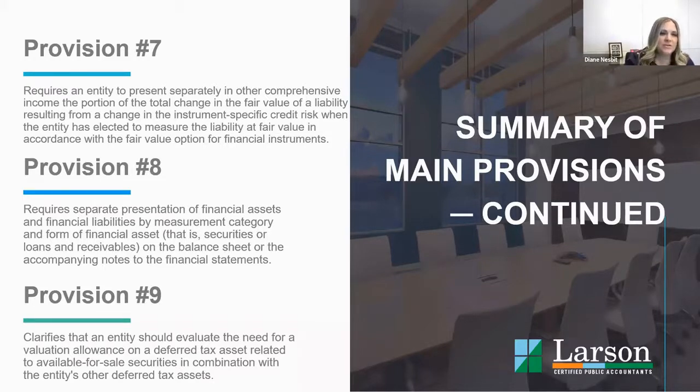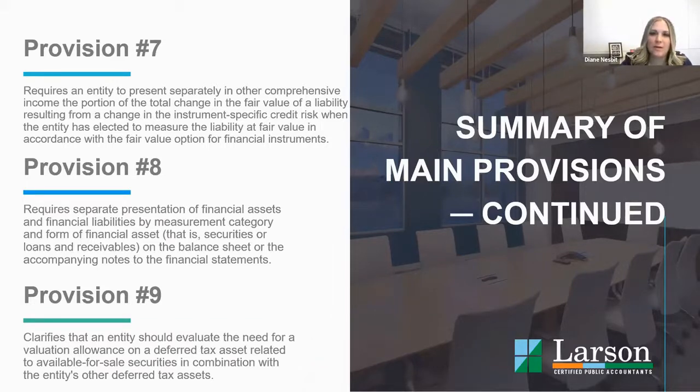And then the next provision clarifies that an entity should evaluate the need for a valuation allowance on a deferred tax asset related to available for sale securities in combination with the entity's other deferred tax assets. So again, this is just a clarification here. This is something that we all are probably doing anyway.